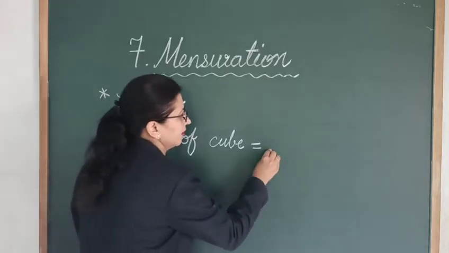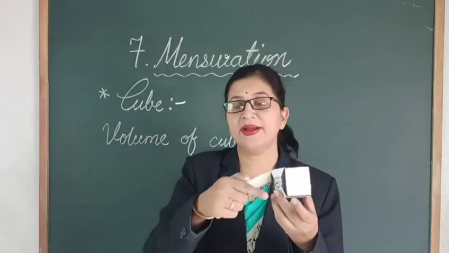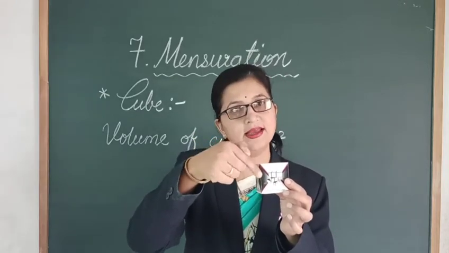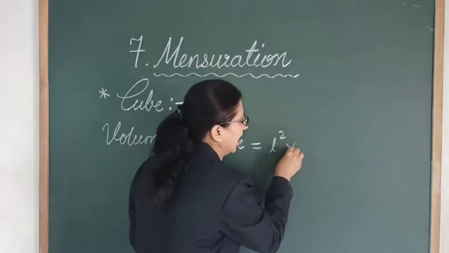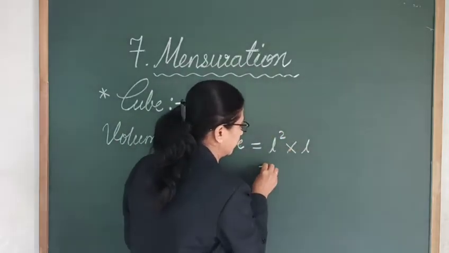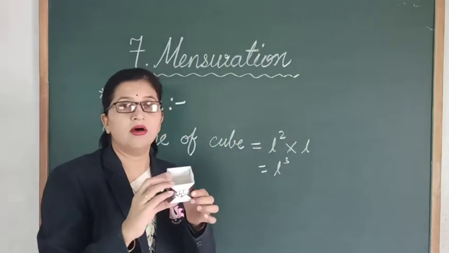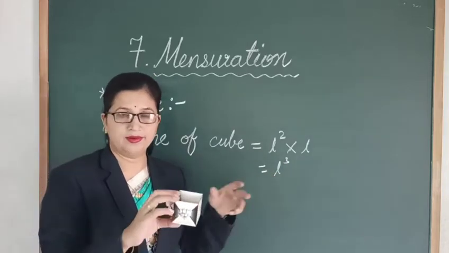L square. At the same time it depends upon the height also, and height also we said is L only, right? So it will multiply by L. So in this way, the volume of this cube is equal to L cube, right?